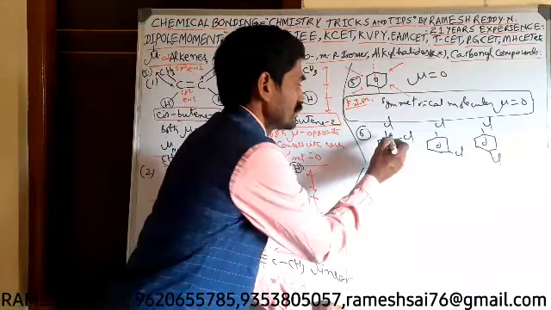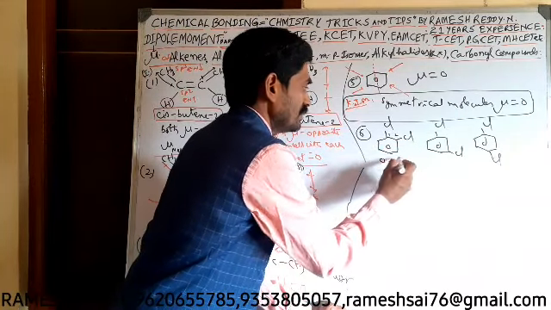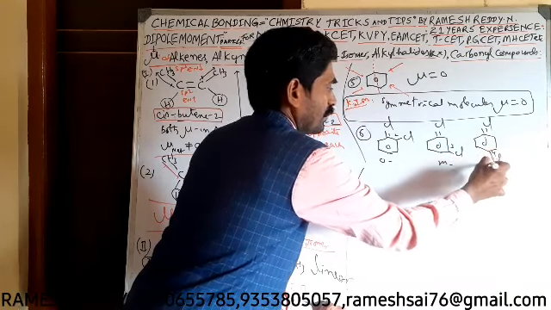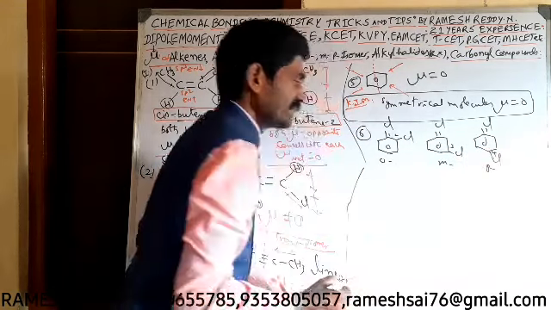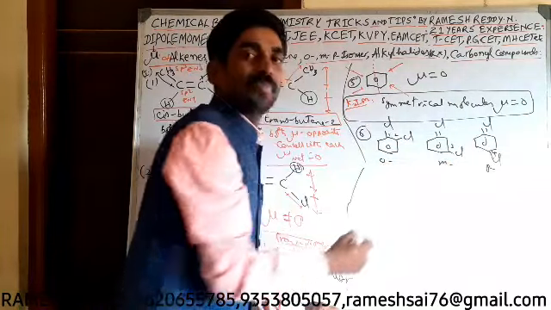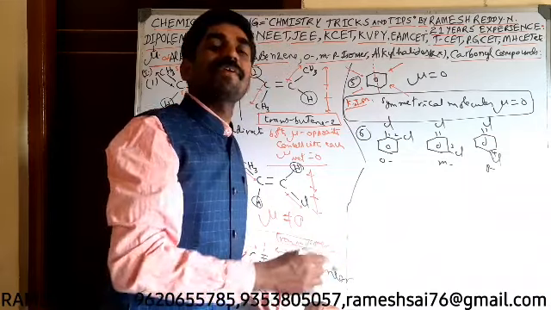So in this case, we have ortho dichlorobenzene, meta dichlorobenzene, and para dichlorobenzene. Which one has the highest dipole moment?